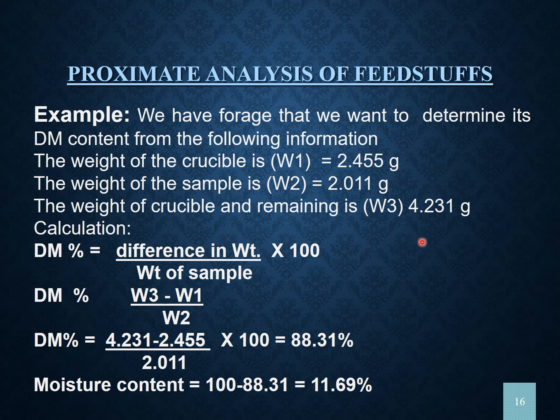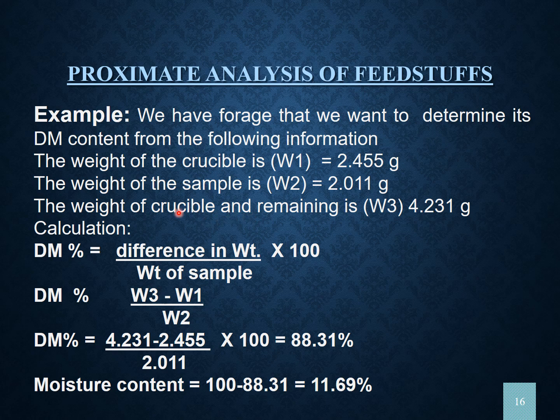So to calculate the dry matter content, we have to use the formula, which is the weight of the sample after drying divided by the weight of the sample before drying multiplied by 100, right? But we have some problem here. The weight after drying contains the weight of the crucible also, because they are together.